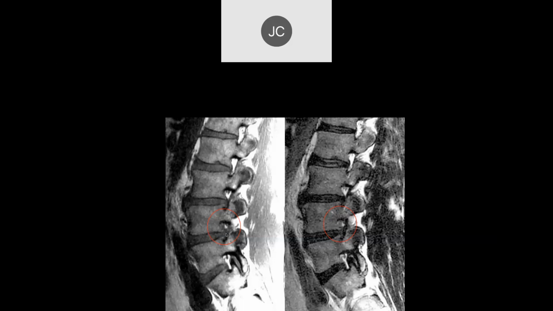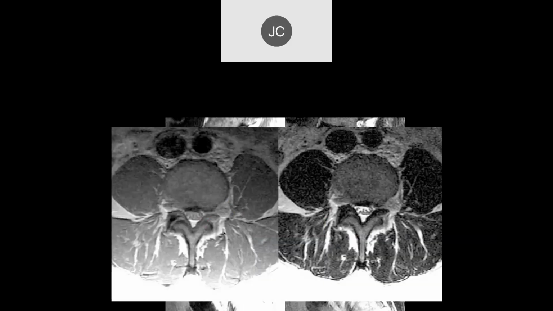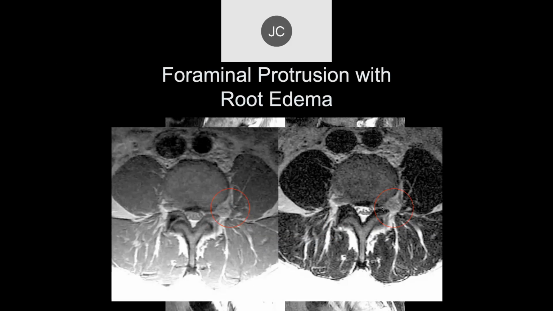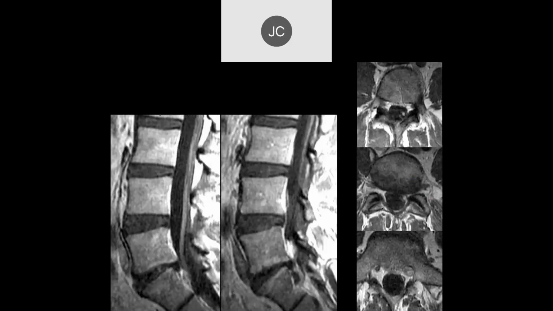Here we clearly have loss of the fat on the inferior part of the neural canal. On the axial images, we could see this disc protruding here into the foraminal zone and far lateral zone with root edema. Okay. These are post-contrast images.